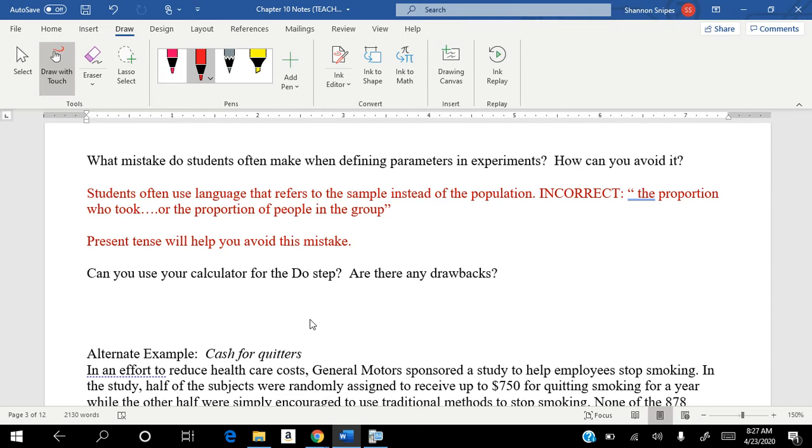So, drum roll. All of the math that we have been doing, please don't hate me, can be done in your calculator. When I do the 4-step process on this next problem, I'm going to show you how to deal with a test of significance for experiments, and how to use your calculator for the do step.